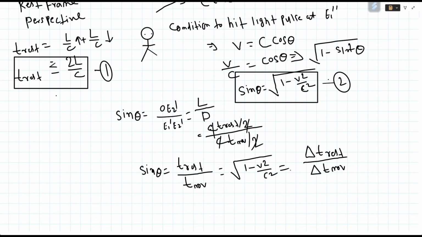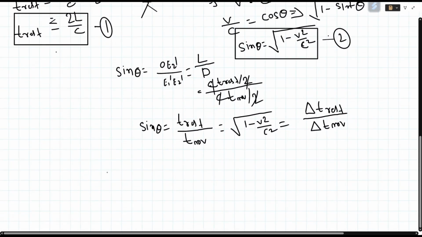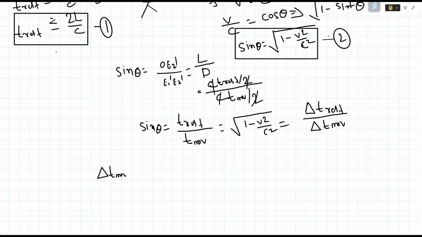From there you can deduce that delta t moving equals delta t rest divided by the square root of 1 minus v square by c square.